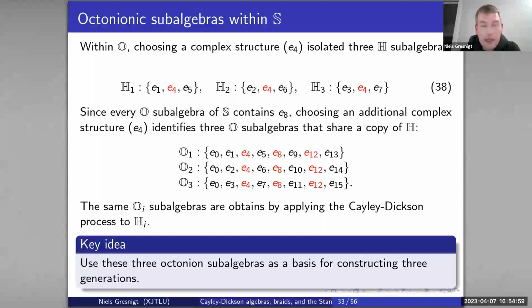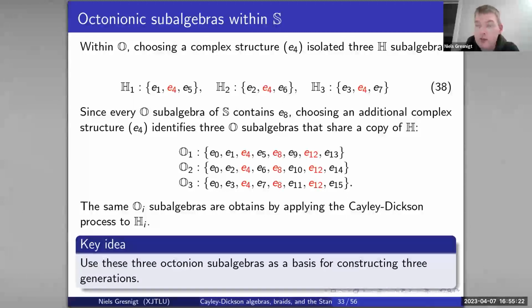So the idea that I've been thinking about is, well, can we use these 3 octonions here to somehow construct 3 generations? Well, then the question is how to go about doing that. So I've had a couple of ideas. The first idea was basically to apply the construction of Furey to each of these 3 octonions.